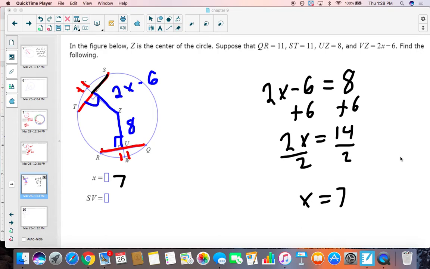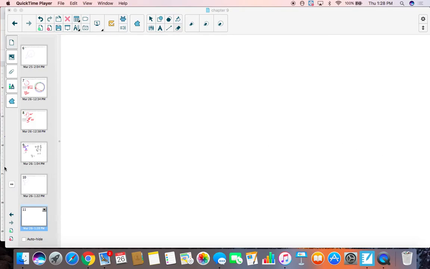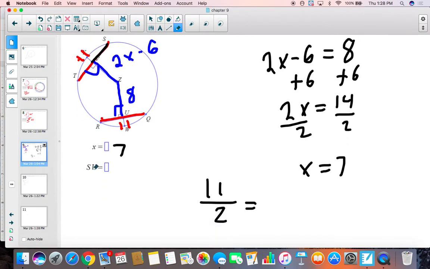So we know that SV is just going to be half of the chord, or half of 11. So 11 divided by 2 is equal to 5.5, and we can just say units.